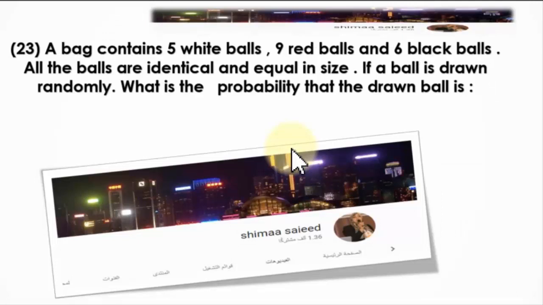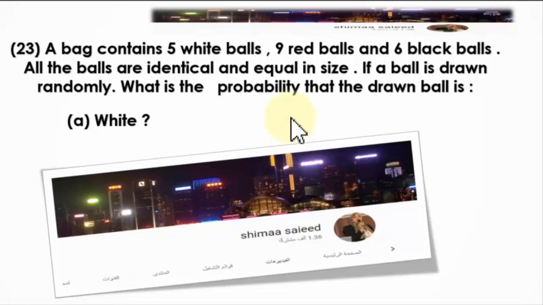A bag contains 5 white balls, 9 red balls, and 6 black balls. All the balls are identical and equal in size. If a ball is drawn randomly, what is the probability that the drawn ball is white?